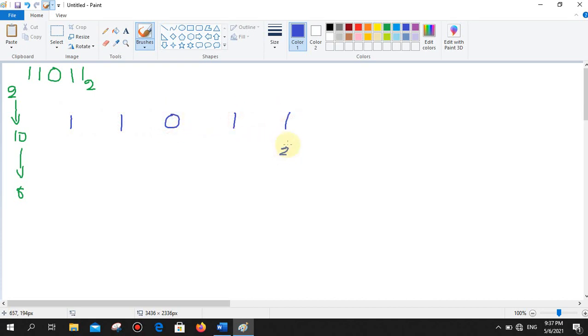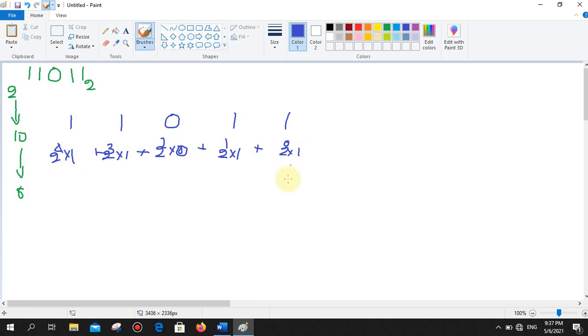Right, this is 2 to the power of 0 into 1 plus 2 to the power of 1 into 1 plus 2 to the power of 2 into 0 plus 2 to the power of 3 into 1 plus 2 to the power of 4 into 1.